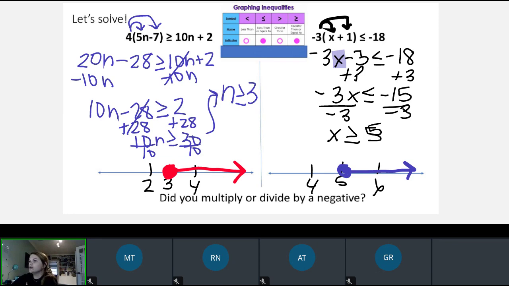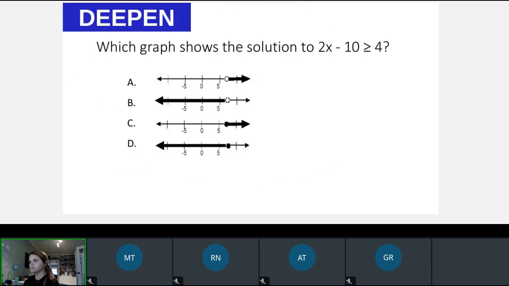Okay, I want to do a challenge question together. This is like our deepen our extension problem. So this is a multiple choice question, and the answers they give you are the solution sets. But in order for us to know the correct answer, this is kind of a two-part problem because we have to solve it and then find the correct solution set, right?